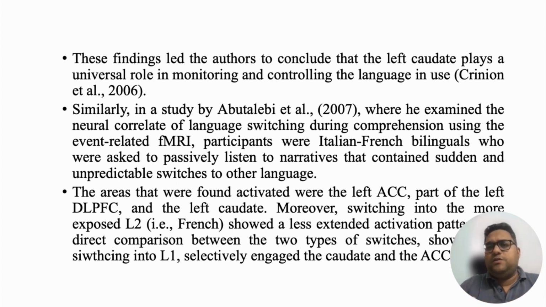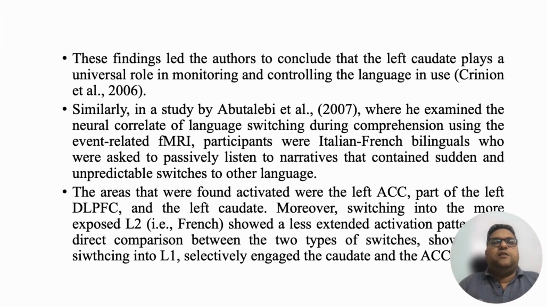In this study also, the areas found activated were the left ACC, parts of the left DLPFC and the left caudate. Moreover, switching into the more exposed and practiced L2 showed a less extended activation pattern in direct comparison between the two types of switches, showing that switching into L1 selectively engaged the caudate and the ACC.